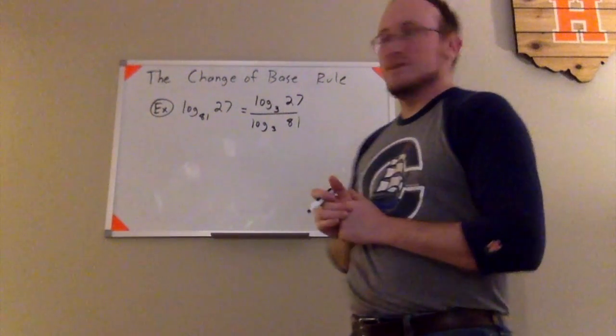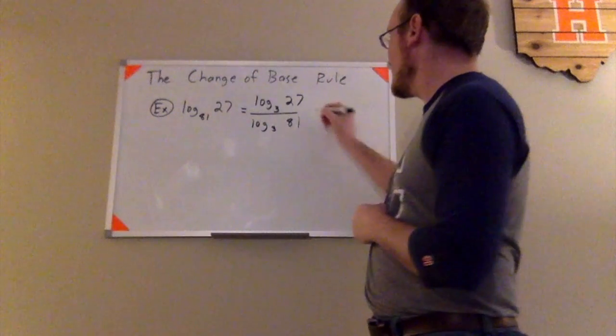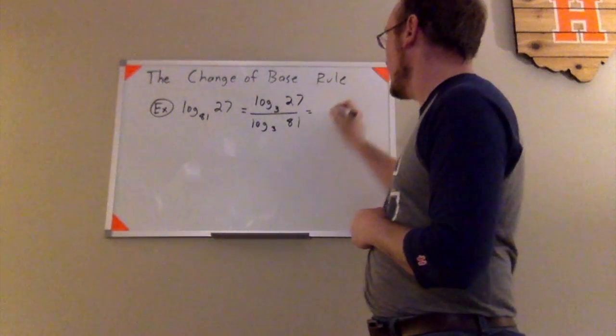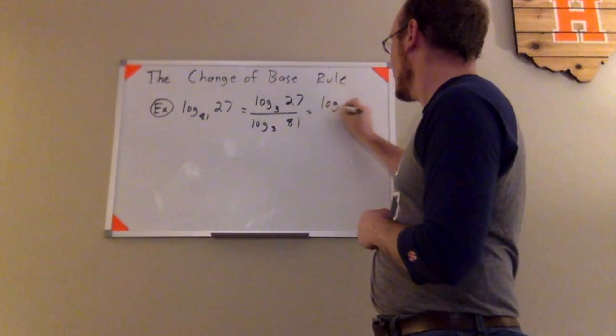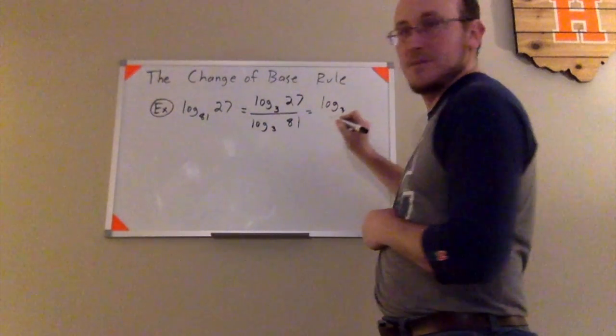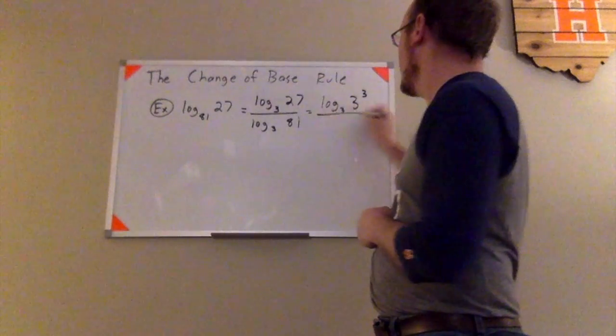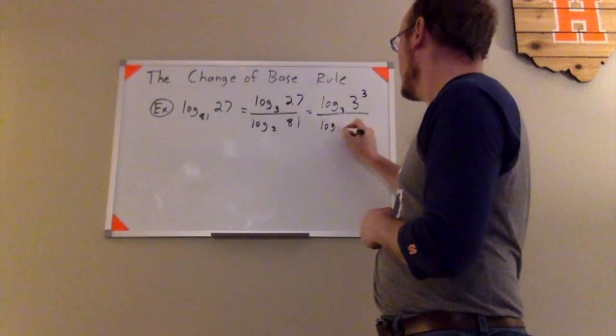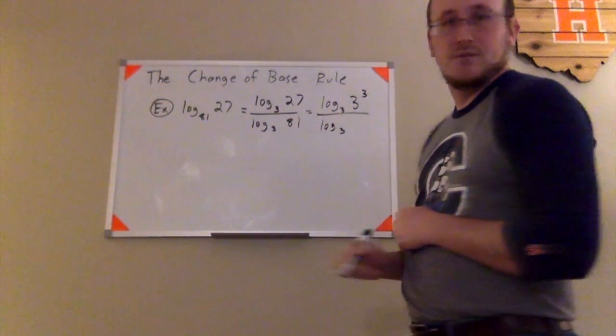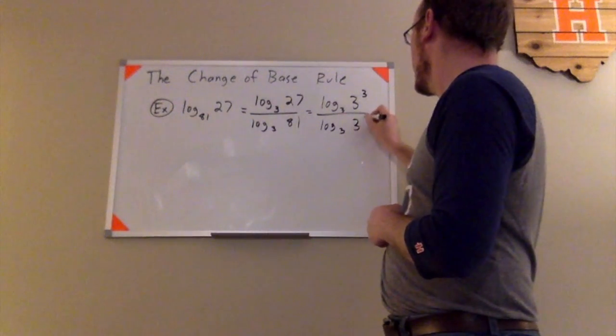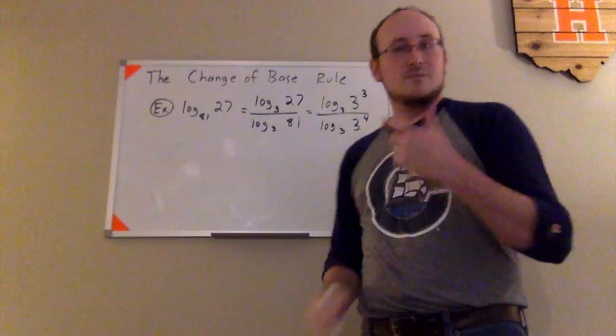But now I have this written using the change of base rule, and I can actually go ahead now and rewrite the 27 as the 3 cubed I talked about a second ago. So this will become log base 3 of 3 cubed over log base 3 of, and we said 81 could be written as 3 to the fourth. Now, here's the cool thing.